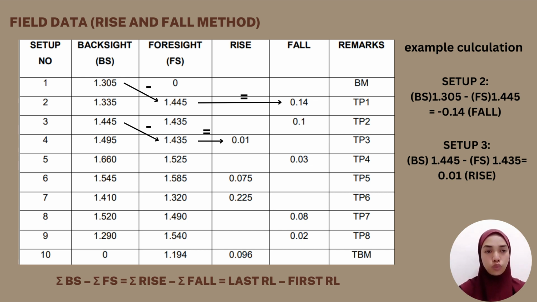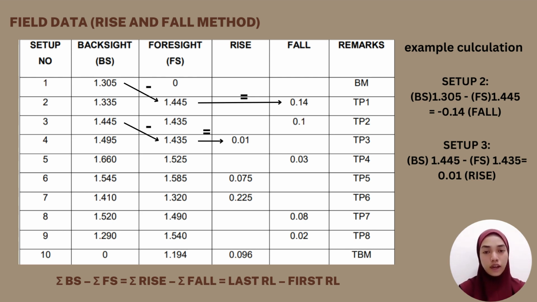The backside is 1.305 minus 1.445, equal to negative 0.14. So the answer is negative, so that will be fall.